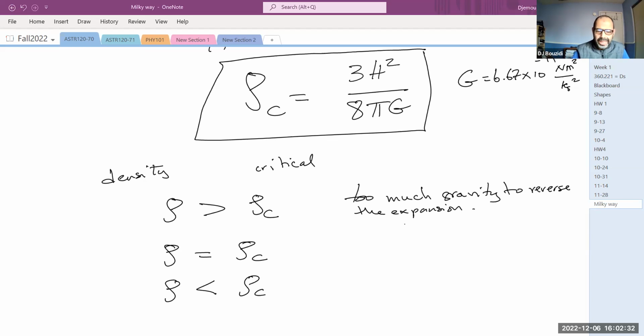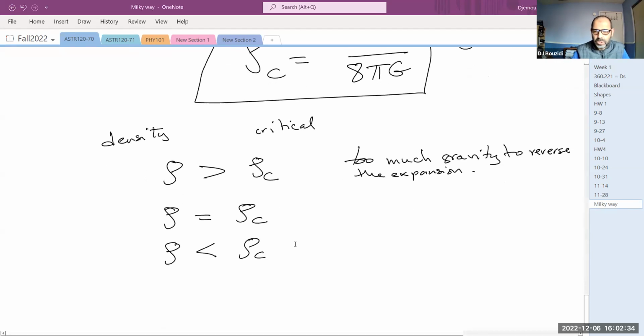That is one way. If it is going to be less than the critical value, then in this case I don't have enough gravity to hold it together. It's like an explosion. So the universe is going to expand forever, indefinitely, and uncontrollably.